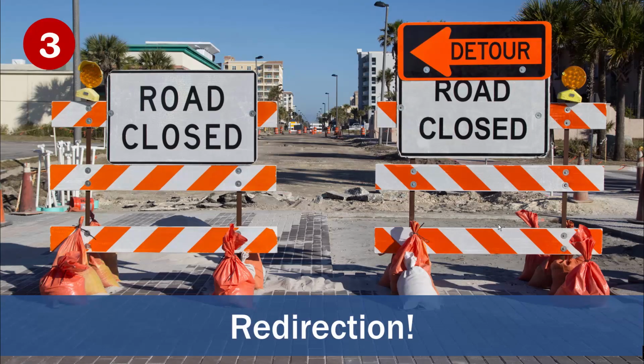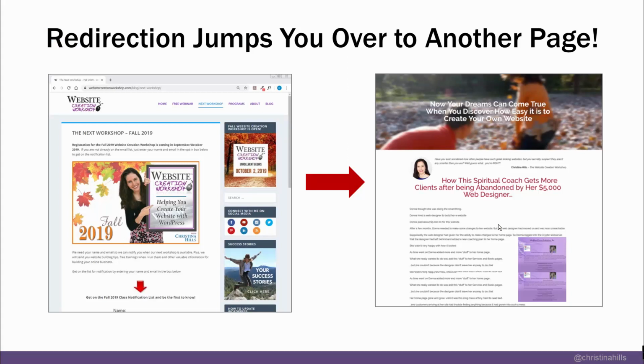Let's go on to plugin number 3, which is redirection. So let me explain how that works with visuals. As you know, I like to teach with visuals. The way redirection works is if you are on one page and you turn on the redirection, it can jump you over to another page.